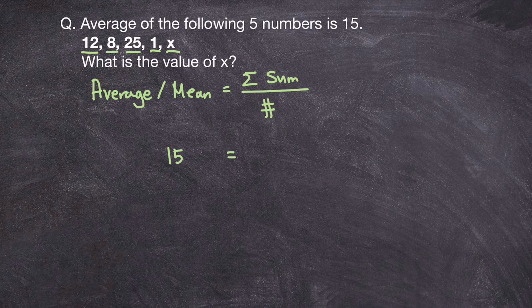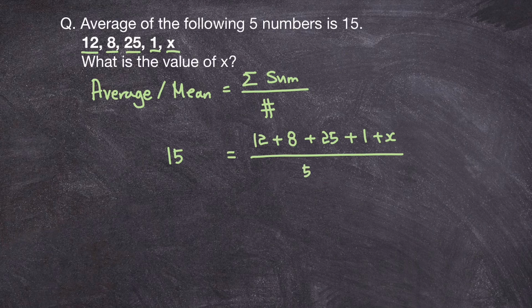And sum of all numbers, or sum of these 5 numbers, I can express as 12 plus 8 plus 25 plus 1 plus x. And the number of values, we have 5 numbers, so I'm going to put 5.